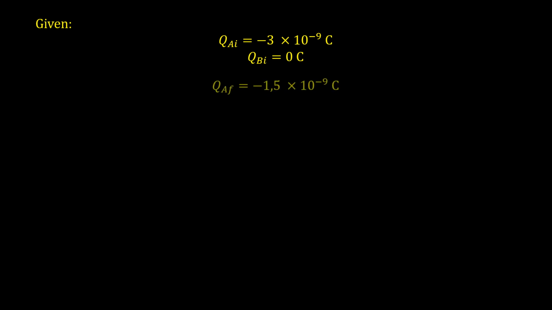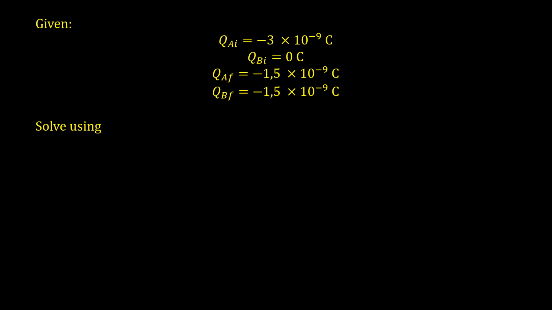We also know the final charge on sphere A, which is negative 1.5 multiplied by 10 raised to the power of minus 9 coulombs. And finally, the final charge on sphere B, which is negative 1.5 multiplied by 10 raised to the power of minus 9 coulombs. So we will determine the charge transferred using this expression.